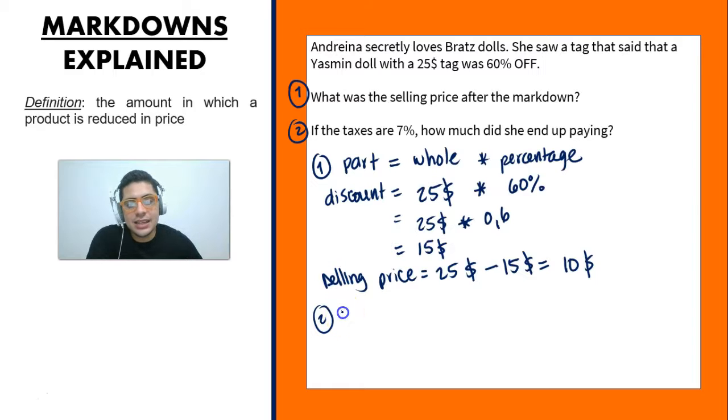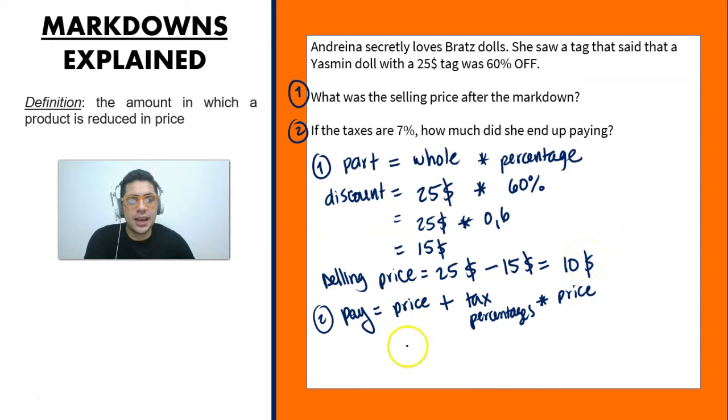The amount that Andreina is going to pay is, again, the price, which is $10, plus the tax percentage multiplied by the price. That is always going to be the formula, guys. The only thing that may or may not change is the tax. So the price is $10, and the tax percentage was 7% multiplied by $10.